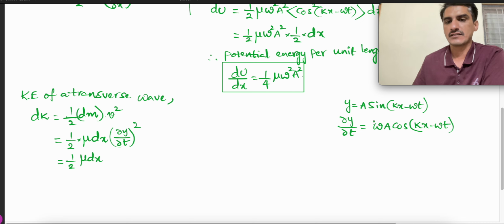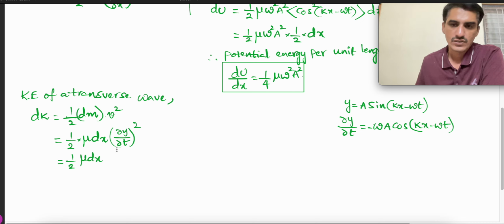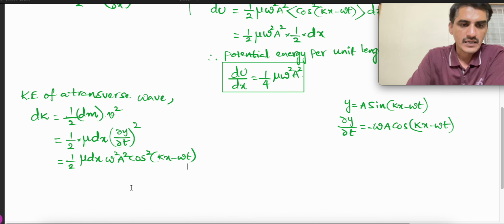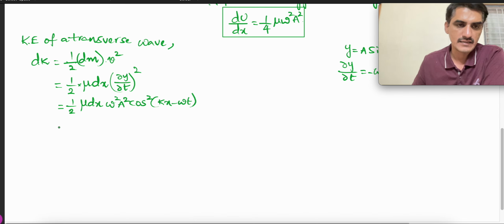Actually we get a minus here, but we take the square of it. So dou y by dou t whole square can be written as omega square a square cos square (kx minus omega t).